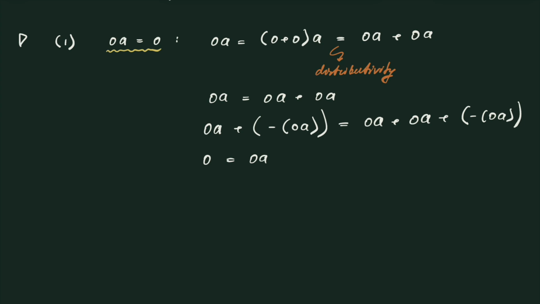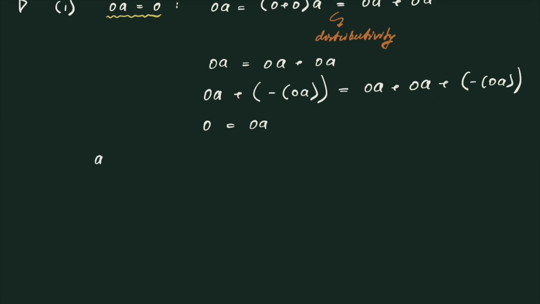Alright, so we've settled that 0 is equal to 0 times a, and if we show that a times 0 is equal to 0 as well, then we are done, right? Because it will also mean that a times 0 is equal to 0 times a.